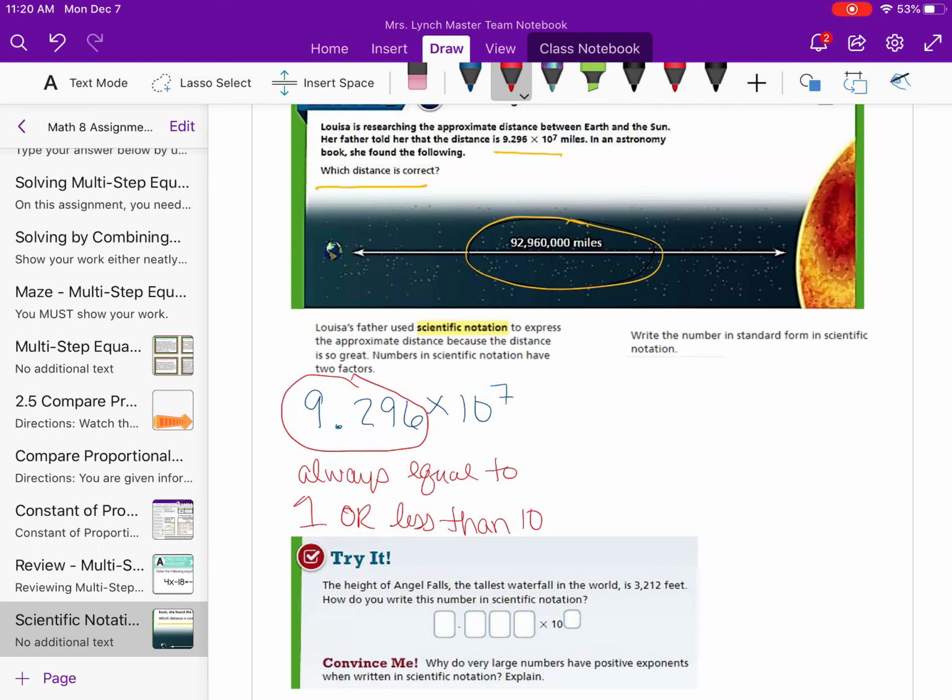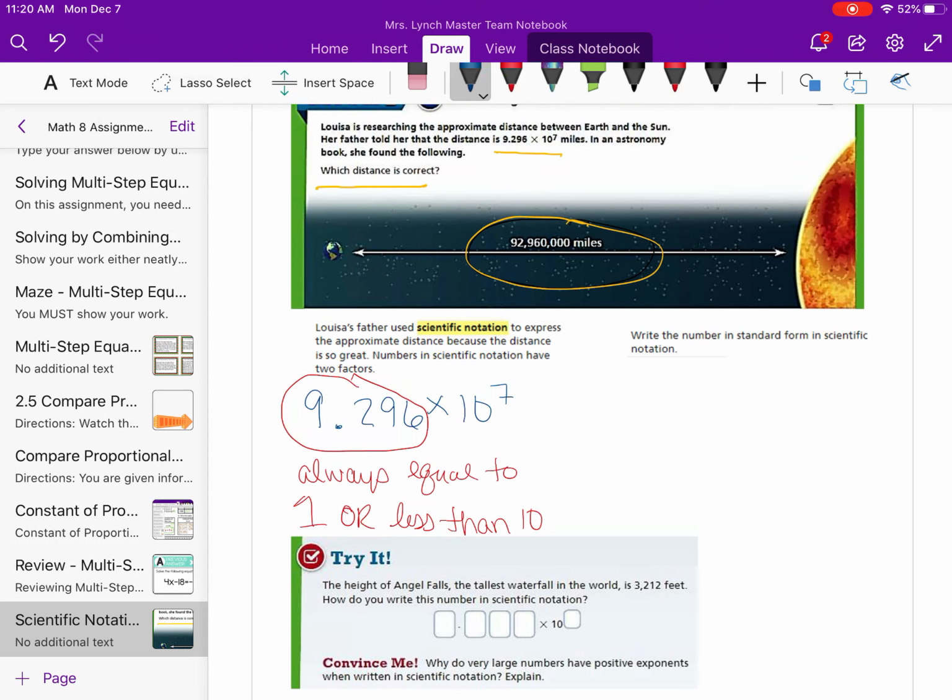So it's not going to be like 0.5, that would be less than 1. So it has to be at least 1, but it's always going to be less than 10. So it's 9.296. If it was 92.96, that would not fit scientific notation. So keep that in mind. Another easy way to remember it is the decimal will always go after the first non-zero digit. So keep that in mind as we move along.